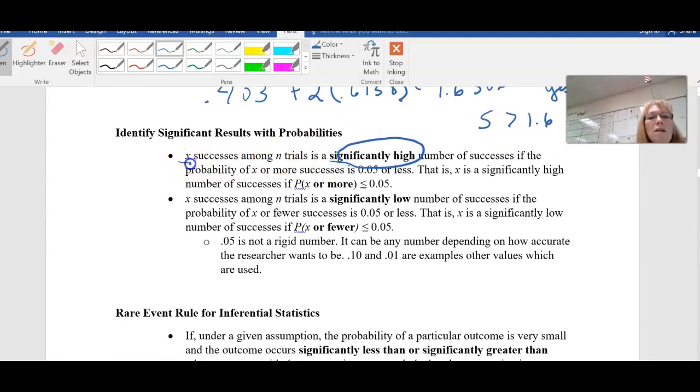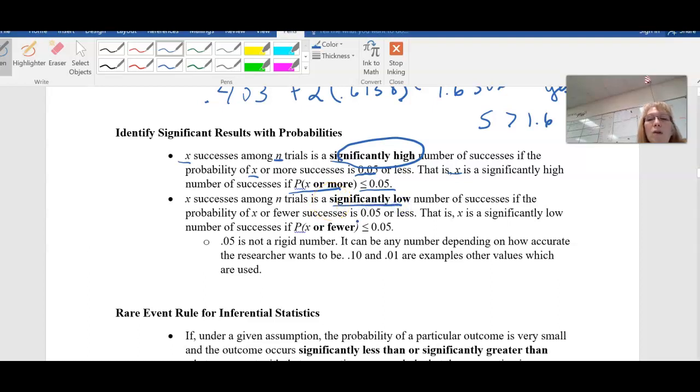Now, remembering your things, significantly high. Okay, X is the number of successes, N is how many times you tried it. X or more is significantly high if the probability is below 0.05. So we're back to our p-values. It's written like this: less than 0.05, the probability of it happening by chance.